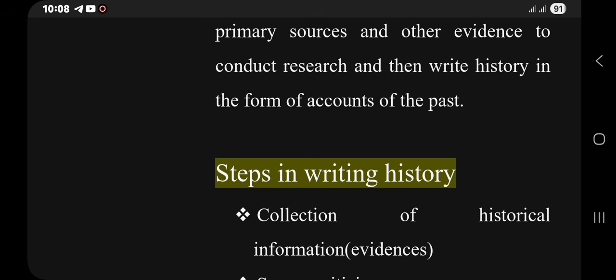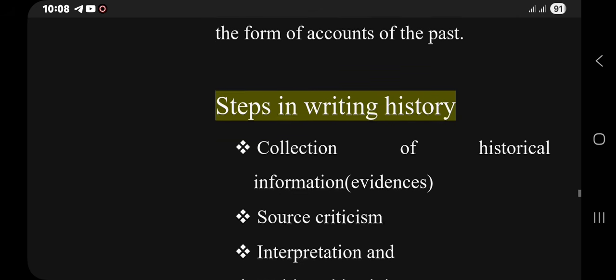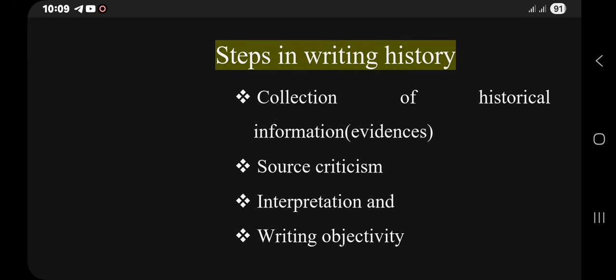Dear my learner, in writing a history, there are different steps. One of the first steps in writing history was collection of historical information or evidences. Why? Because without sources, no one can write history. After we have gathered documents, data, or historical sources, the next step was source criticism.